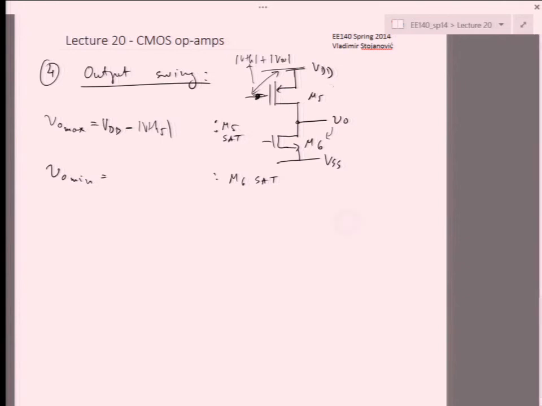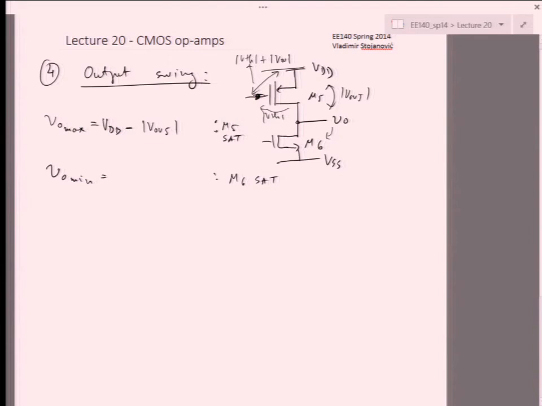Yeah, that's right. So if VOV is here, then I still have VTH to come down to VTH plus VOV, or VDD minus this gate-source voltage. So I can climb up on VO until VDD minus the VOV.